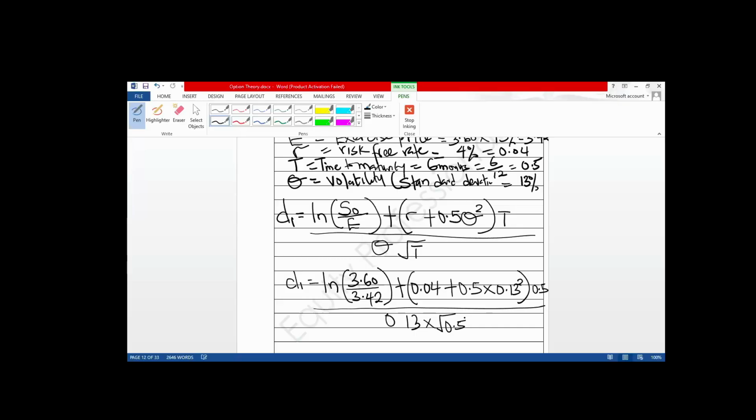Now, that answer you have, divide it by your denominator. You have two figures, so introduce brackets to cover the two figures: 0.13 multiplied by the square root of 0.5.